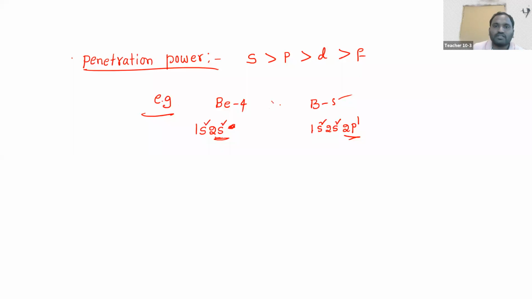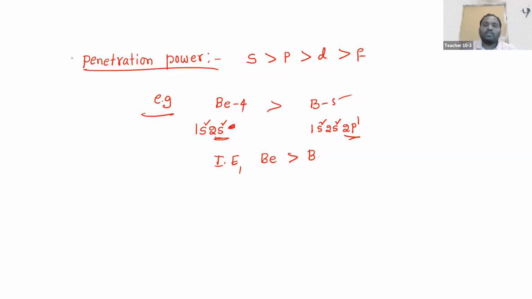Beryllium, because we are removing the electron from S. S is closely penetrating to the nucleus compared to P. So the ionization energy of beryllium is greater than boron. This is one more fact. Okay, these are the factors affecting ionization energy.